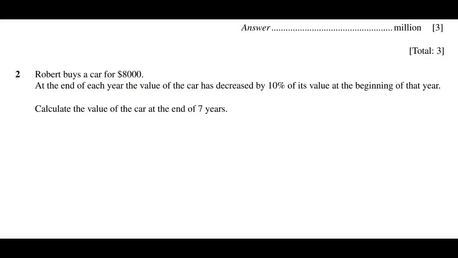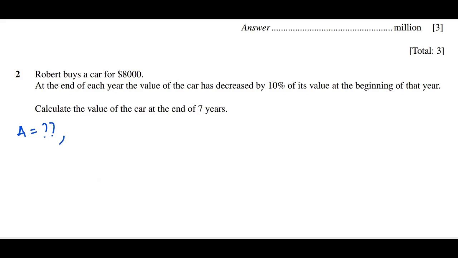Now let's look at another question. Question number 2. Robert buys a car for $8,000. At the end of each year, the value of the car has decreased by 10% of its value at the beginning of that year. Calculate the value of the car at the end of 7 years. So here we are looking for the new value. So this new value is not known. I'm going to apply the other formula.